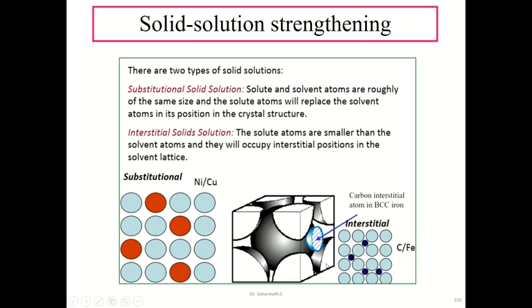But in the case of an interstitial solid solution, the solutes are much smaller than the solvent atoms, and the solute atoms occupy the interstitial positions in the lattice. These are the two examples we can see of the substitutional and the interstitial solid solution.